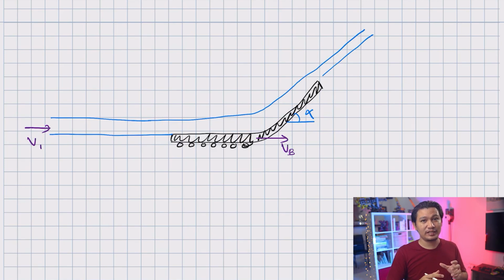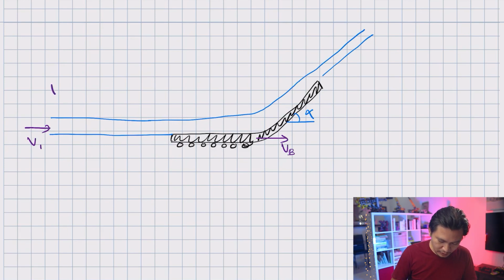So you are seeing that car moving at 40 km an hour, even though the actual speed is 100 km an hour and your actual speed is 60 km an hour. The difference between these velocities when moving in the same direction is the relative velocity. So the relative velocity here is simply V relative at point 1 equal to V1 minus VB.